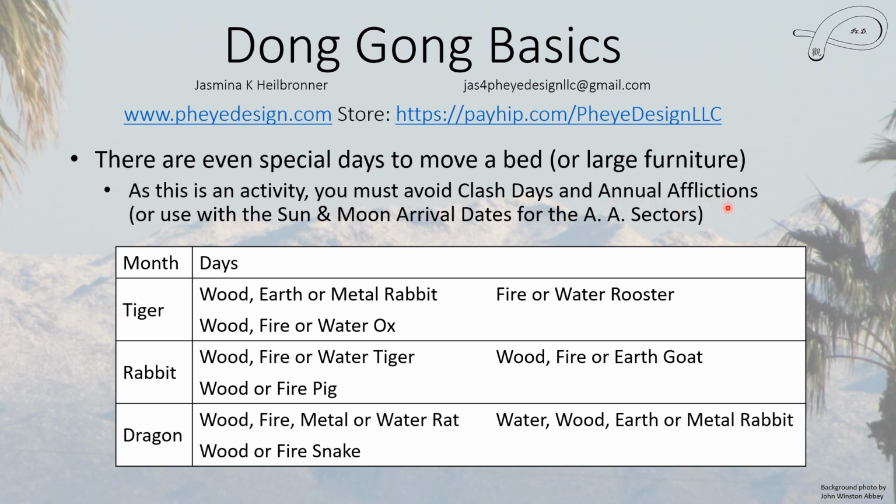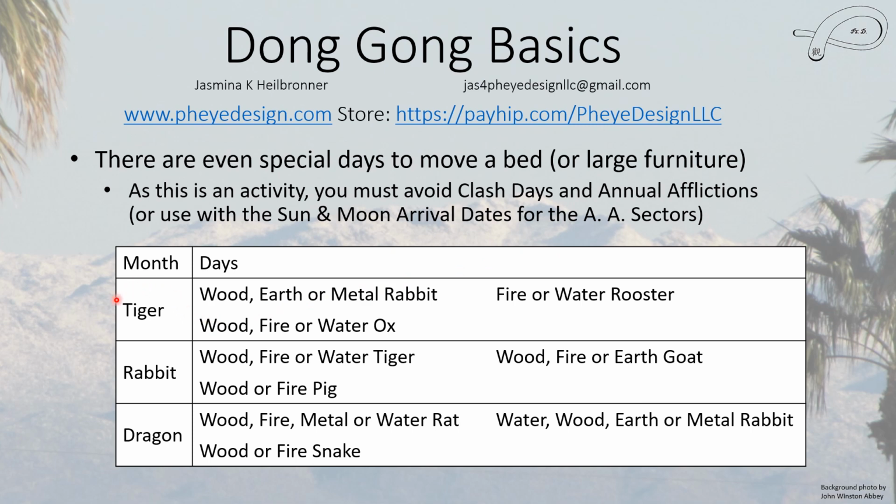Now, if you want to do it, and there's an annual affliction there, and that's quite a few places in the house, you can use the sun and moon arrival dates for your particular house or your particular unit in the sectors where you do have the annual afflictions. So you can still do this in a year where you have annual afflictions. You just have to do the timing right. And I have separate videos for that.